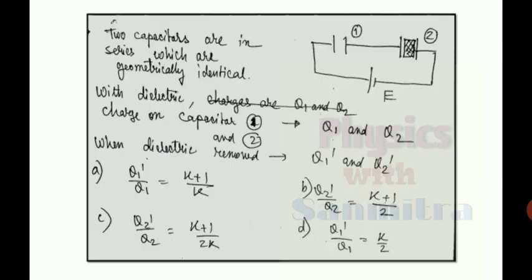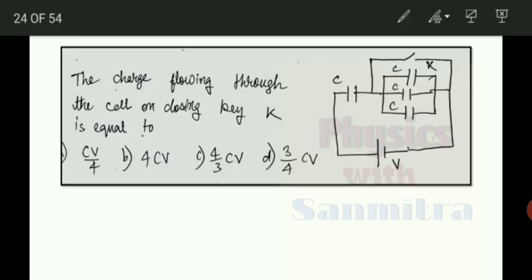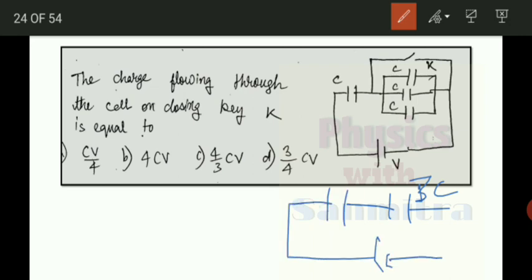Okay, how to do that? Initially, let's see how the configuration was. This is 3C, this is 3C, this is C, and this is the battery V.